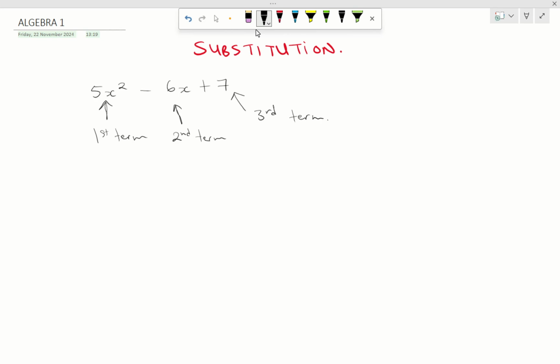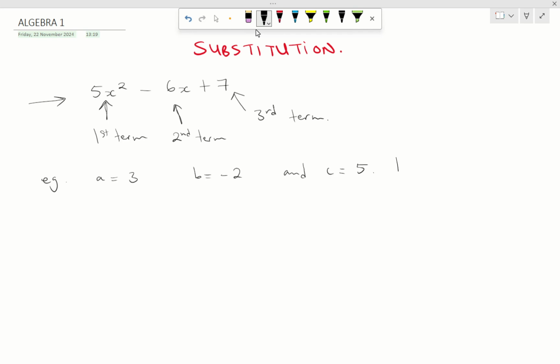So you can evaluate this expression by replacing the variables in the expression with specific values, and this is what is called substitution. For example, we can have a is equal to 3, b is equal to minus 2, and c is equal to 5.